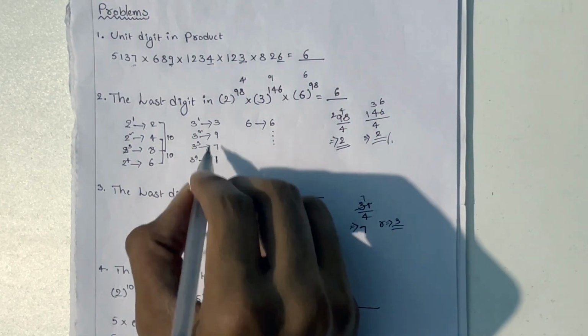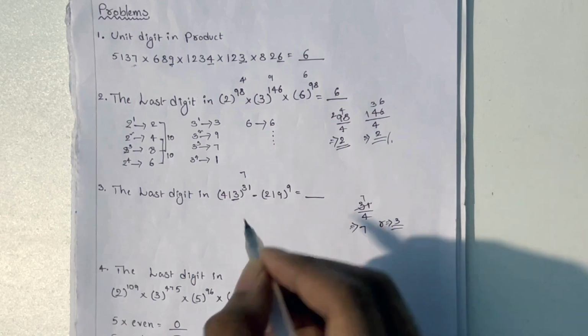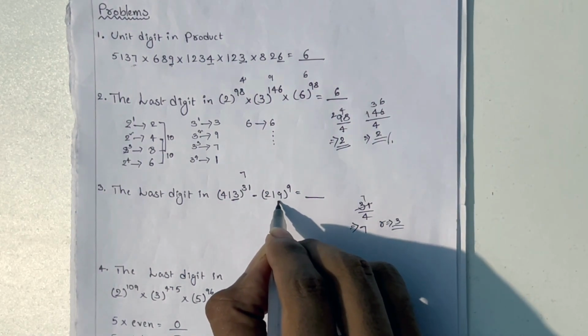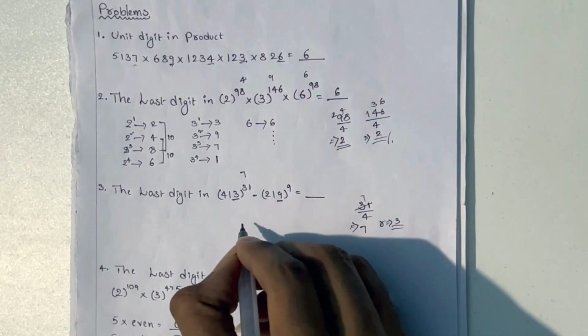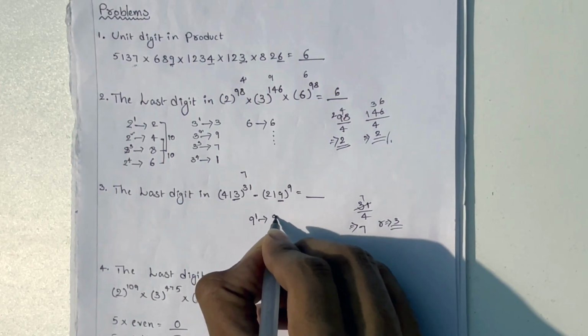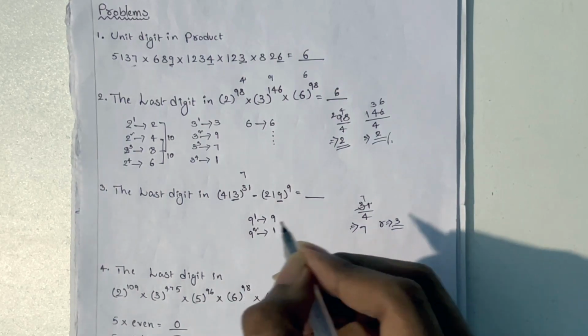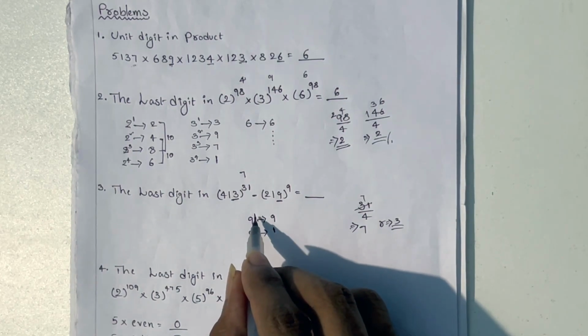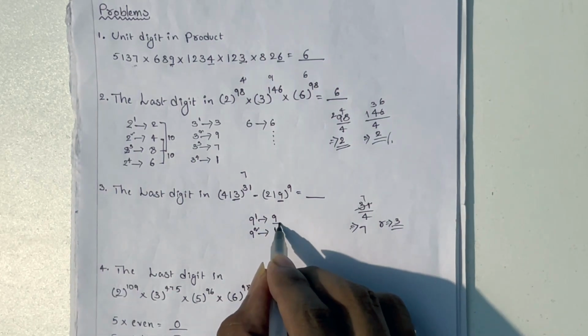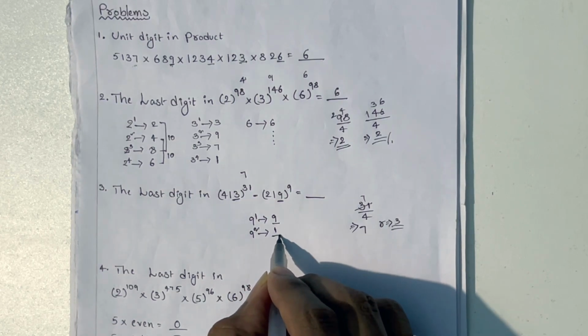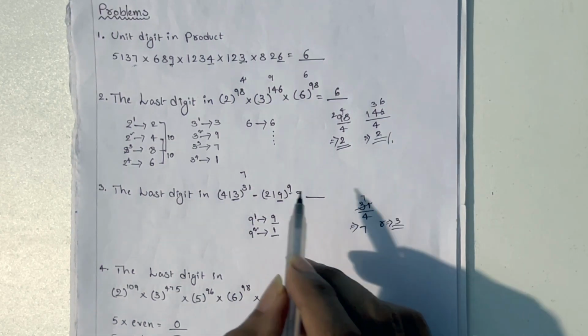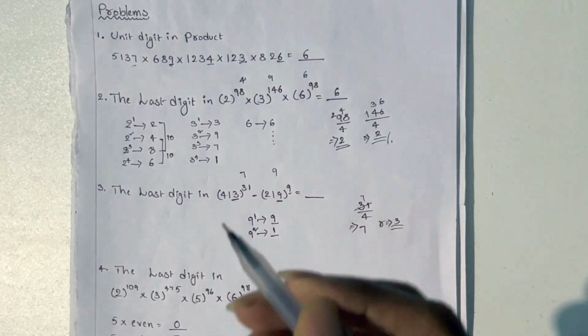Since the remainder is 3, the last digit will be 7 over here. The last digit of 9 power 1 is 9, and 9 square ends in 1. If 9 has an odd power, the last digit will be 9. If 9 has an even power, the last digit will be 1. We have an odd power here, so the last digit will be 9.